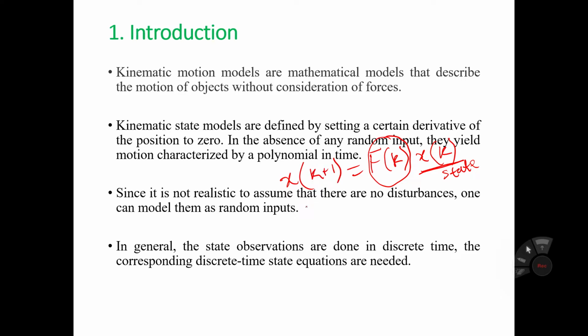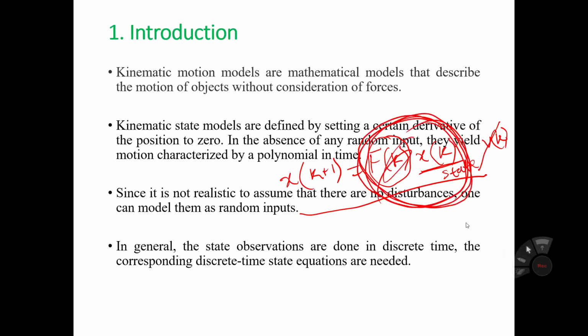So we have already used this model. Here there is no additional variable like v of k, the noise variable. So in the absence of any random input, like v of k, they yield motion characterized by a polynomial in time. Means they yield the motion by using this formula, f of k and x of k.